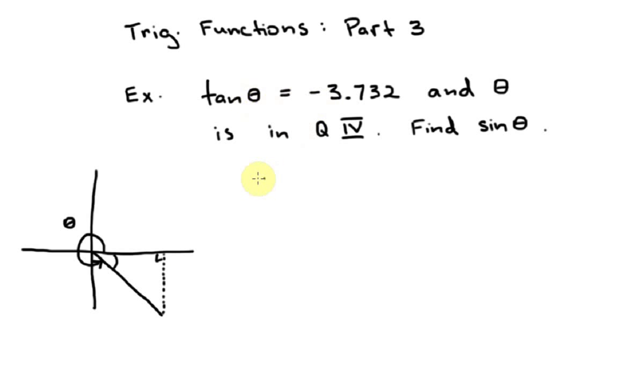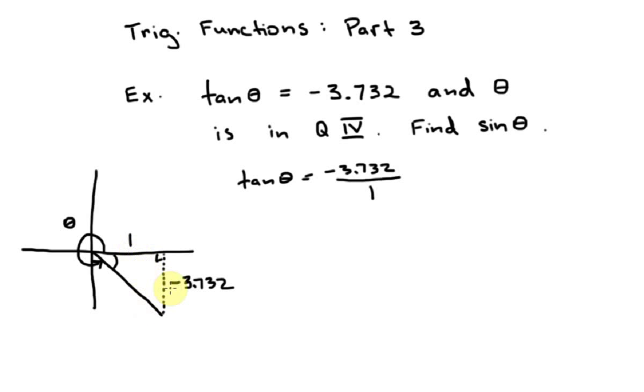It says tangent of theta equals this negative 3.732. And I'm going to make that a fraction over 1. If I make it a fraction like this, then I can say, oh, tangent, that would be opposite over adjacent. So I can write negative 3.732 over 1.